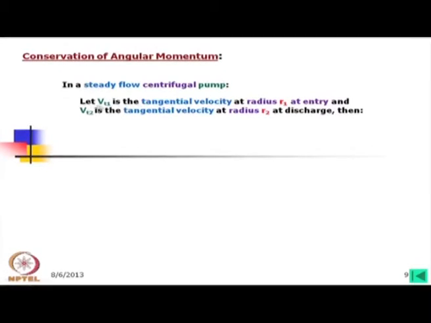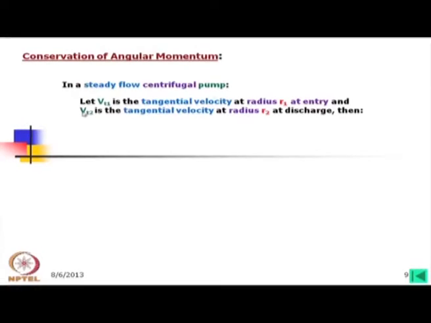In that case, let V T 1 be the tangential velocity at radius r 1 at entry. This means that if I consider a circle at the entry, then the tangential velocity of the mass of the fluid, again let us consider a control volume.